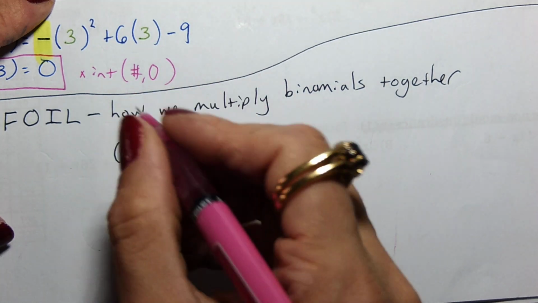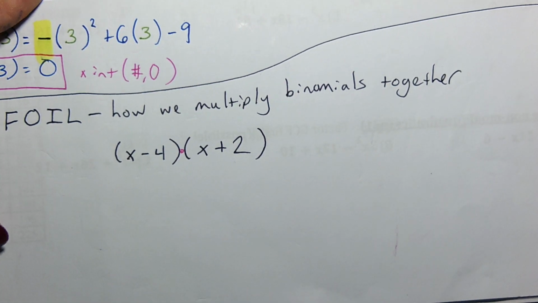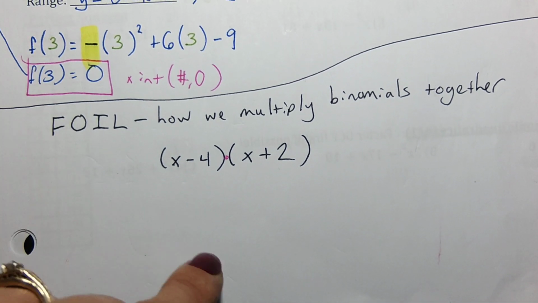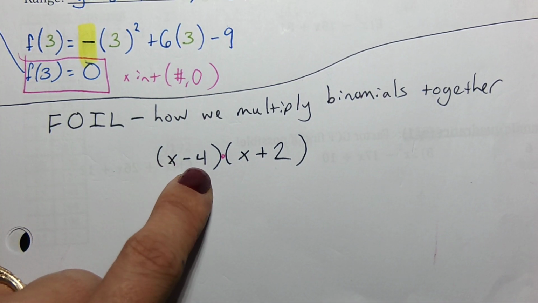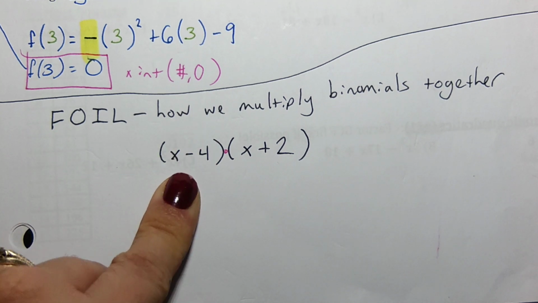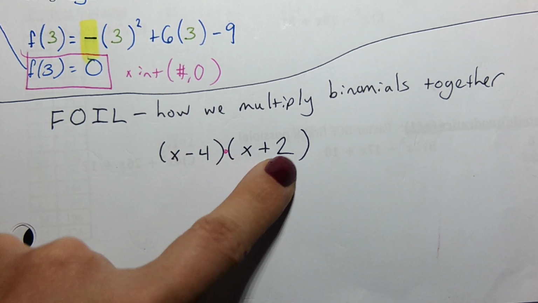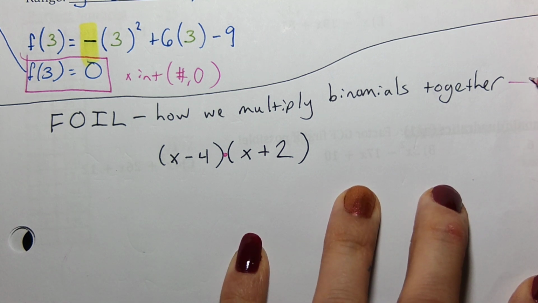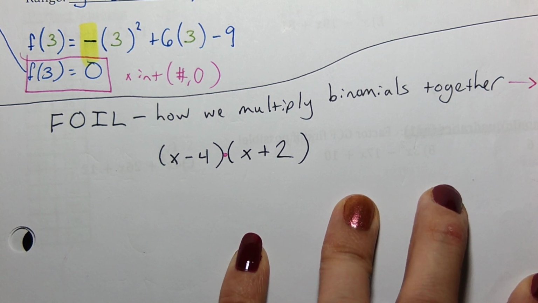Because there's implied multiplication going on between those parentheses. Why are these binomials? Because x and negative 4 make this a binomial, two terms, and x and that 2 make that a two-term expression. So if you're like, why are we talking about binomials though? It's because when I multiply these, we get a quadratic.